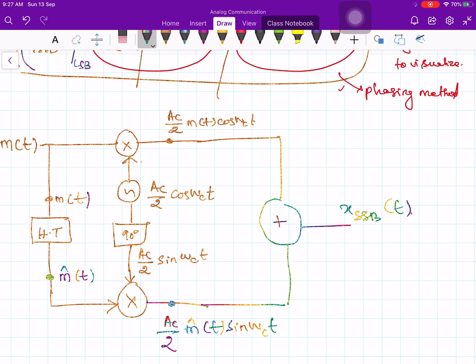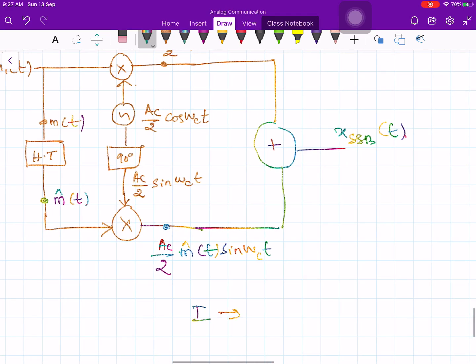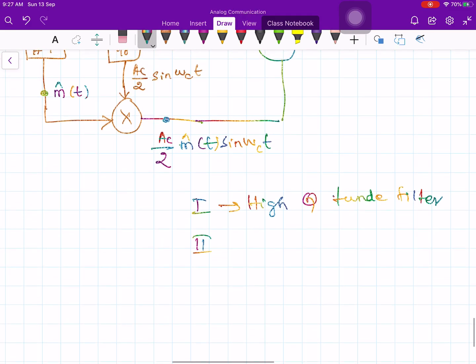The first method, see we discussed two methods, right? The first method requires high Q tuned filters around the carrier frequency to remove one of the sidebands. But the second method looks very simple, but actually it is still difficult.